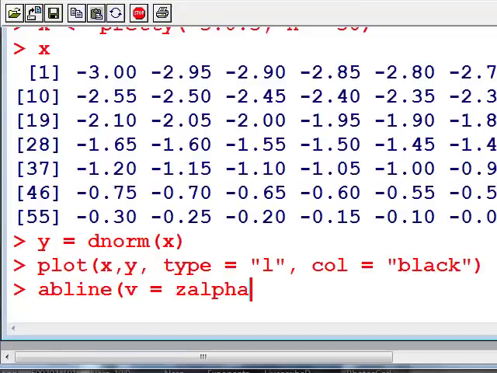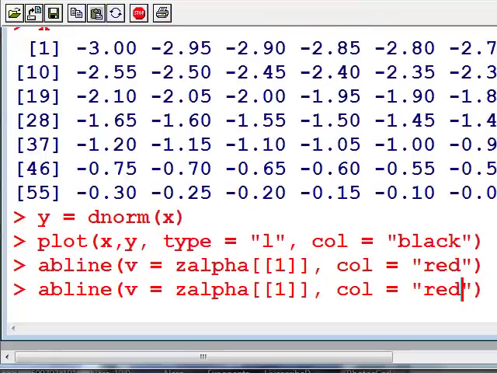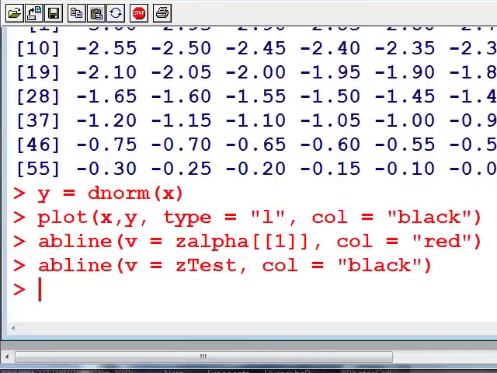Let's just put the first one. And we'd also want to put on there the z-test value. So it's an alpha, we'll put, and let's see what we got.